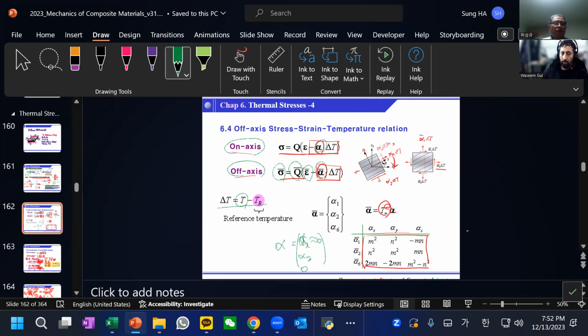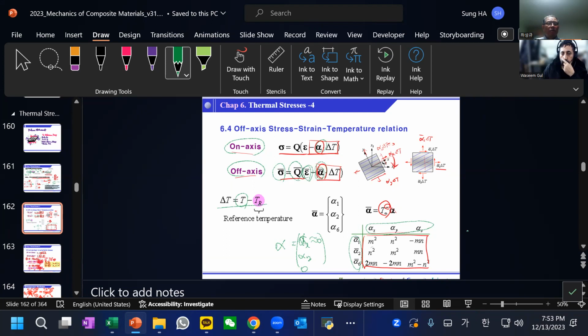So anyhow, this alpha 1 to 6 is off axis, and this is on axis. This is just the transformation between the on axis and off axis. We can derive it step by step, but we can simply use the tensor transformation rules, because alpha is the same order as strain, so it is a second-order tensor.